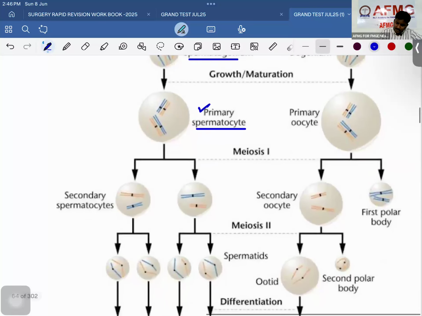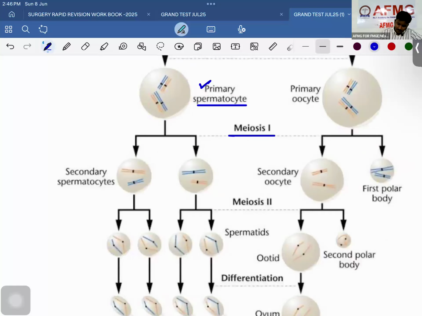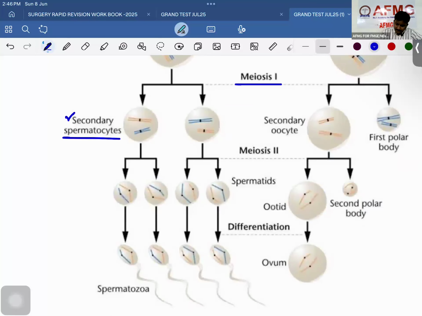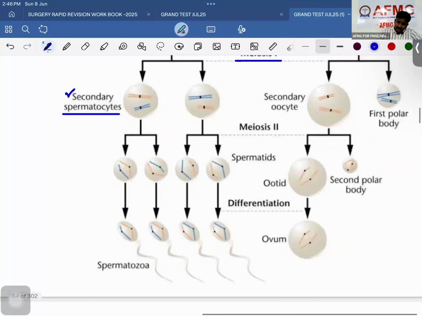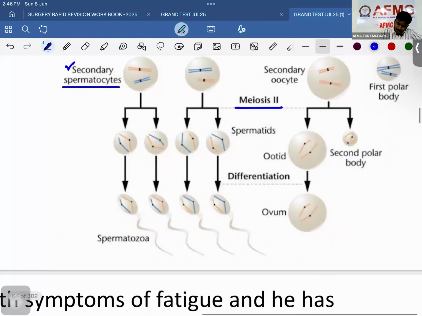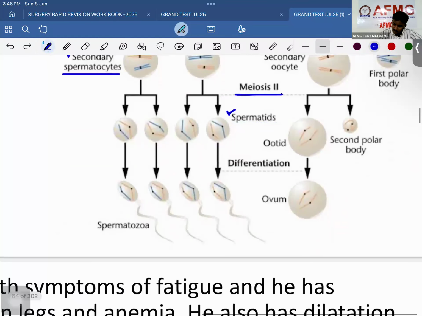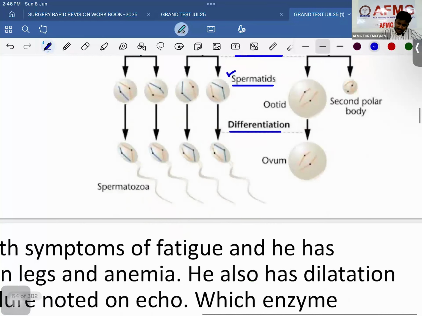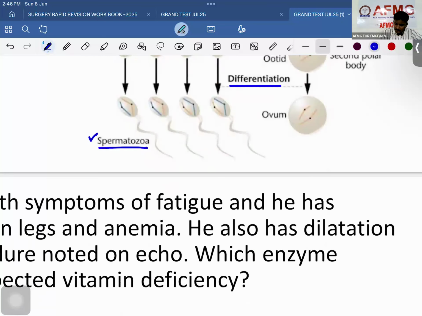After that it undergoes meiosis 1, leading to two secondary spermatocytes. Then the secondary spermatocytes undergo meiosis 2 and form four spermatids. These four spermatids undergo differentiation and maturation, leading to a mature spermatozoa.